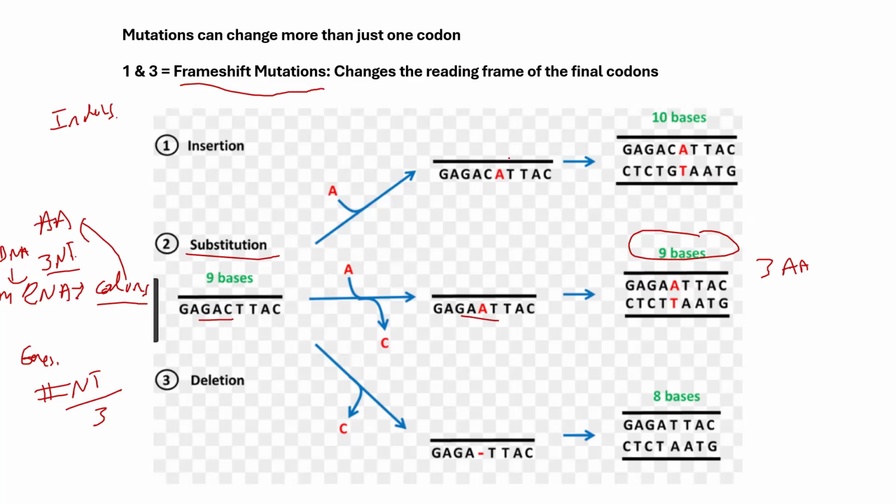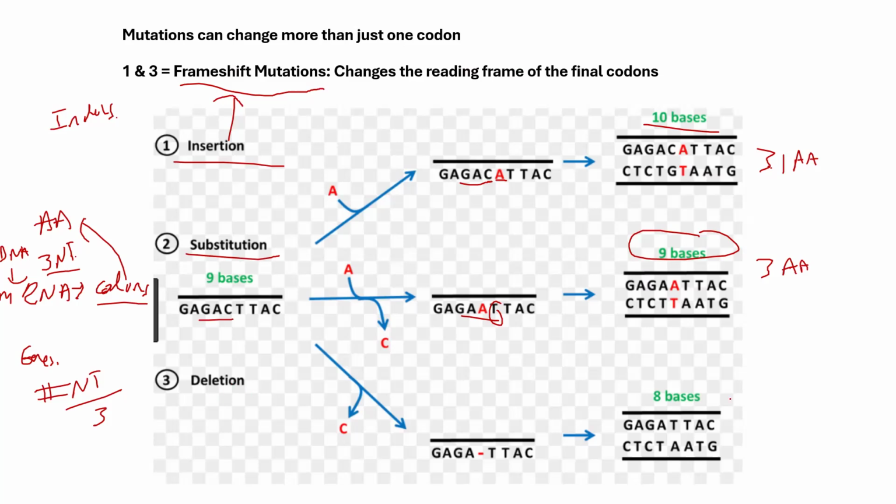If we gain an extra nucleotide, right, GAC, and then it should be T, but now we have another A. So we've gained this. Now we have 10 bases in this reading frame. That's 3.1 amino acids, and you can't have 3.1 amino acids. So we know that this is an insertion, which causes a shift in the frame.